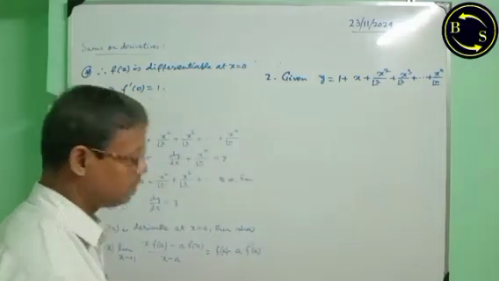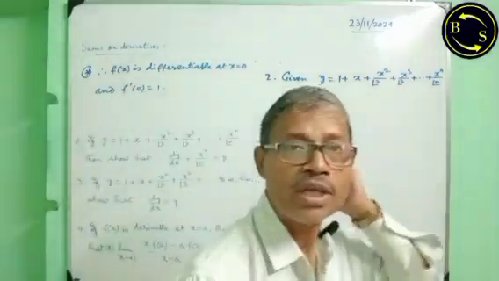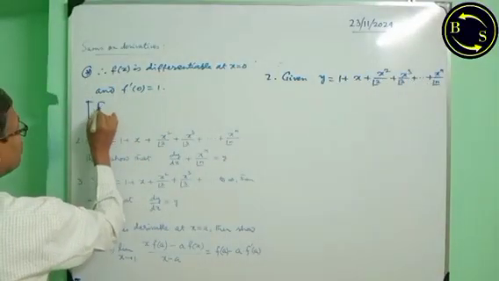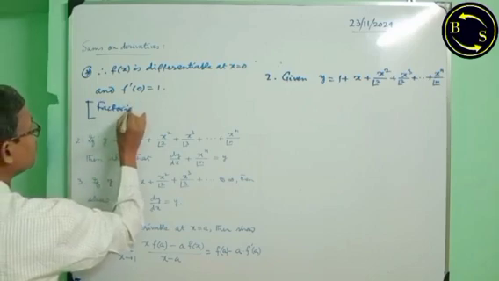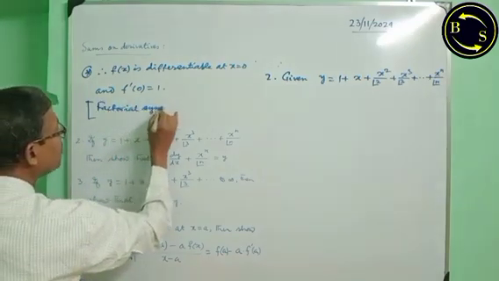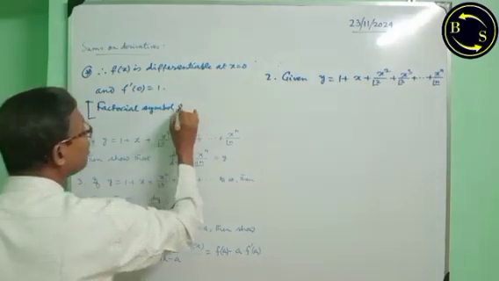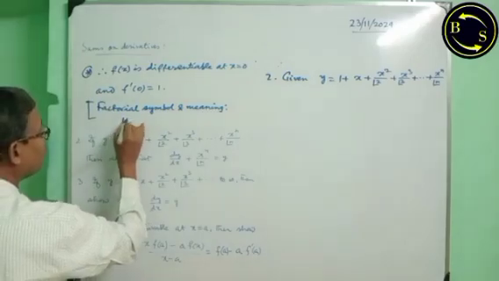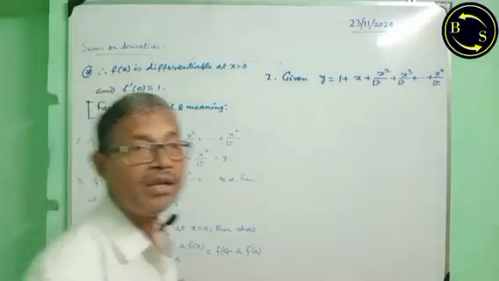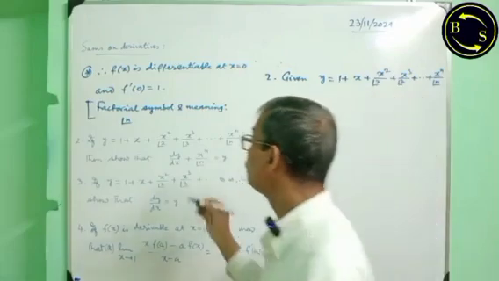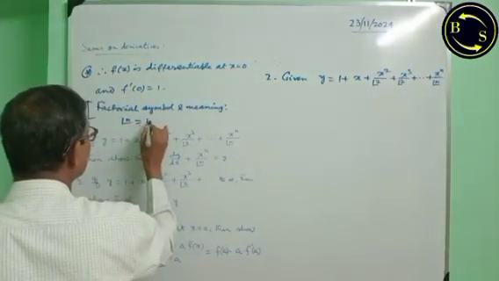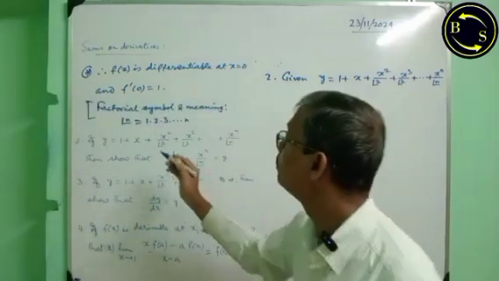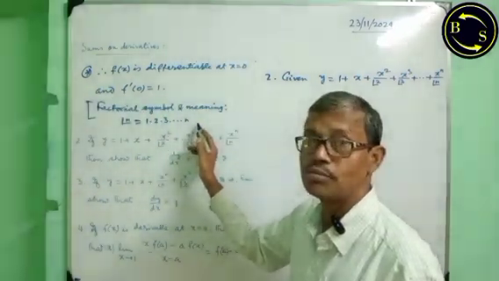One thing I have not discussed yet, the factorial symbol. Just I discuss here. Factorial n is equal to the product of 1, 2, 3, dot dot dot up to n.